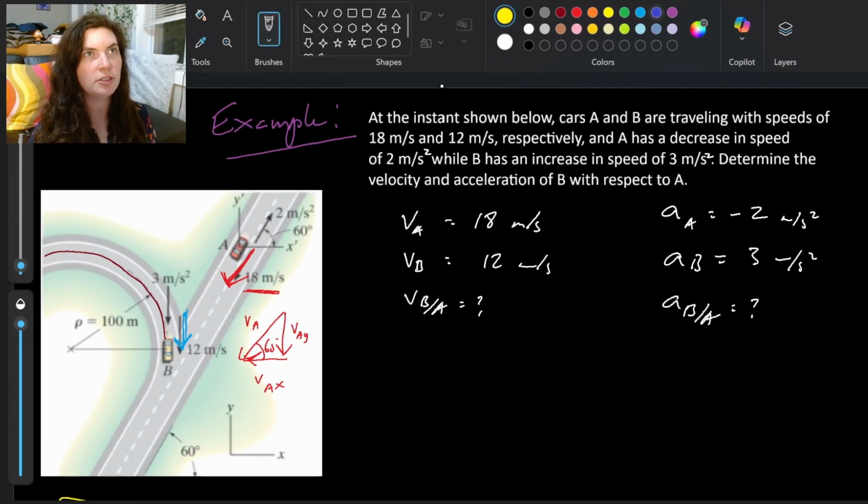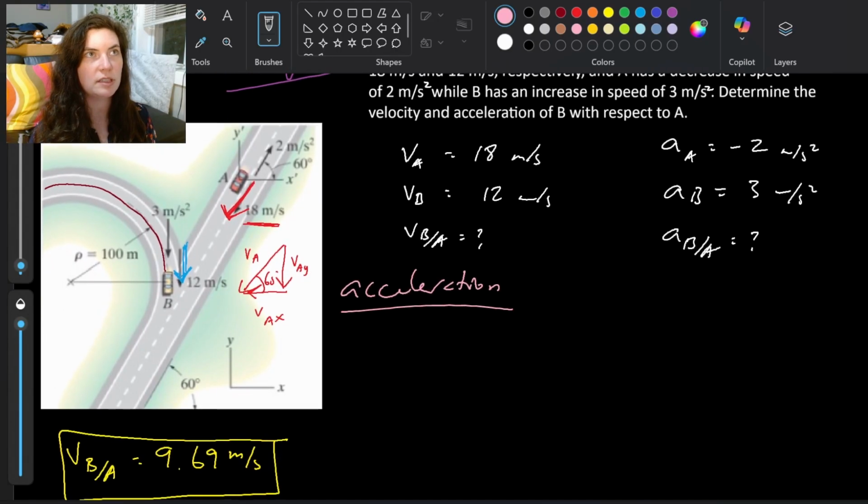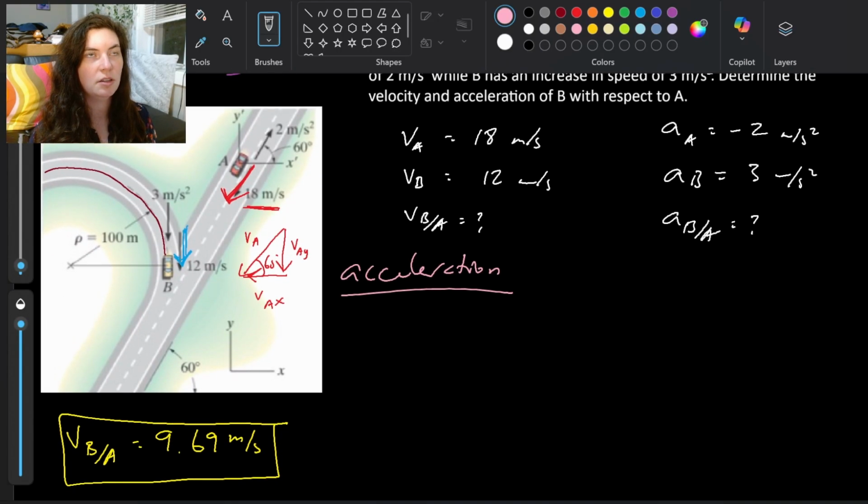Let's do the acceleration. Maybe we'll do it in pink. All right, so let's find our acceleration vectors. We know the magnitudes for the acceleration for our two cars. We know that this guy is going -2 meters per second squared. He's slowing down in order to be very nice and let our little yellow car onto the highway. So he's decelerating.